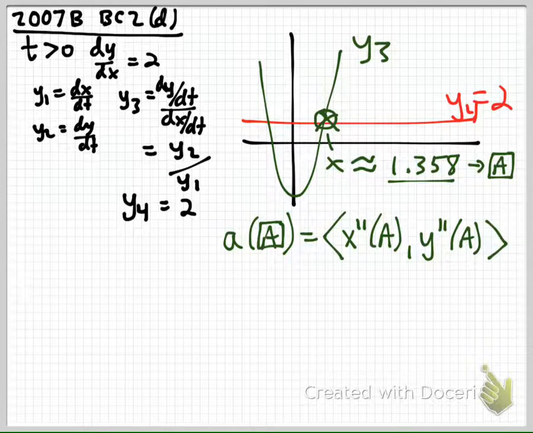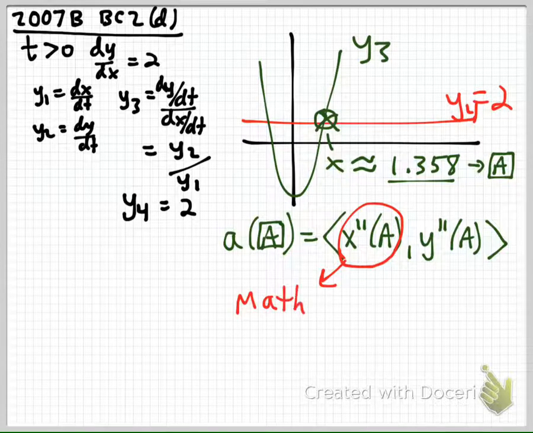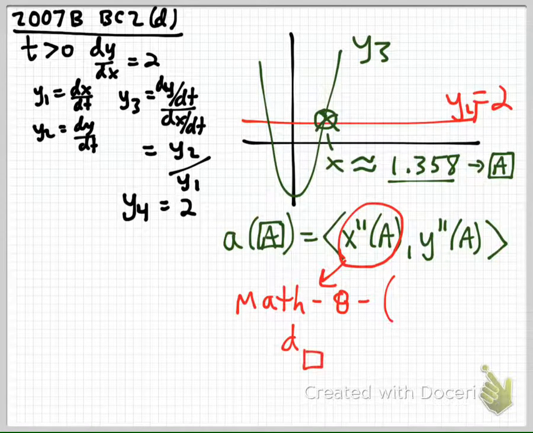So all you have to do is find that, and to find this guy right there, all you have to do is use your calculator and go math 8, and then you'll have this. You either have one of two things. Math 8, you'll either have this, something like that, and you'd put your y1 in there, and you'd put an x in.